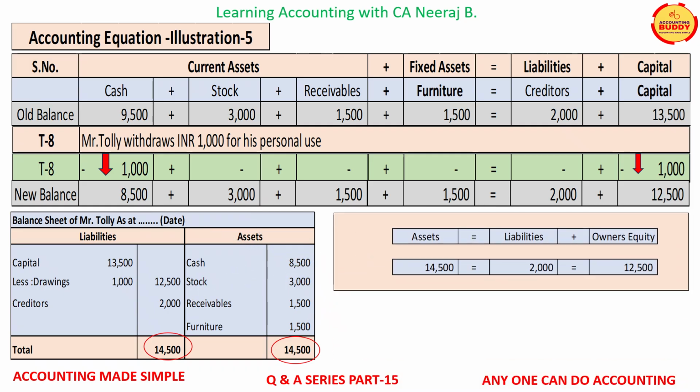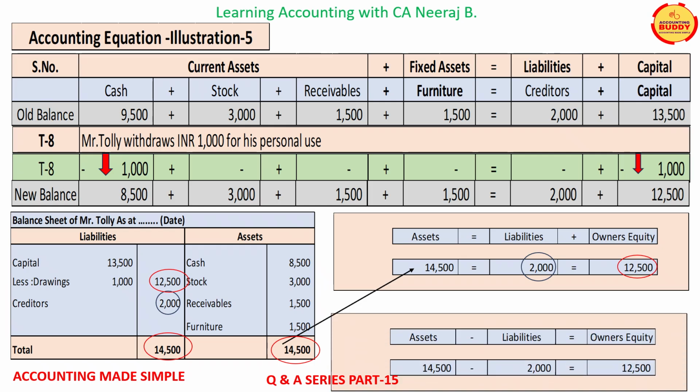Post T8 transaction, the accounting equation is displayed on your screens. The total assets are 14,500 and they are equal to the sum total of 2000 of liabilities and 12,500 of capital.